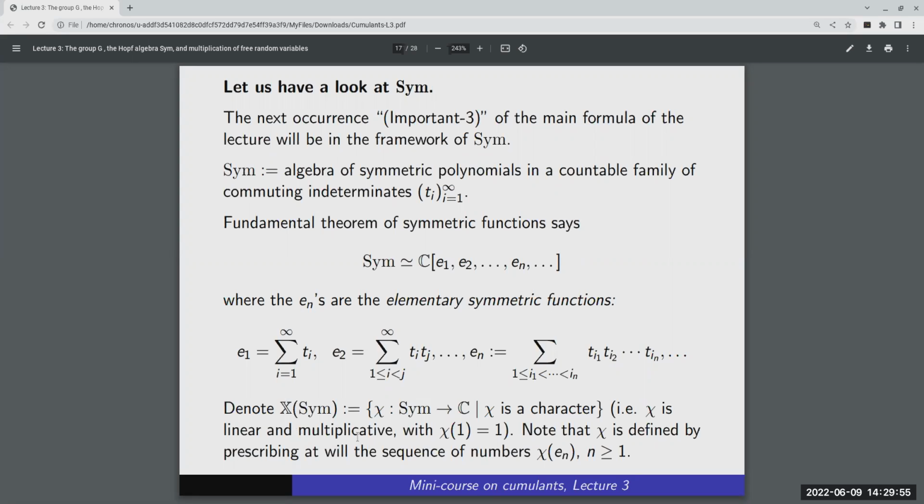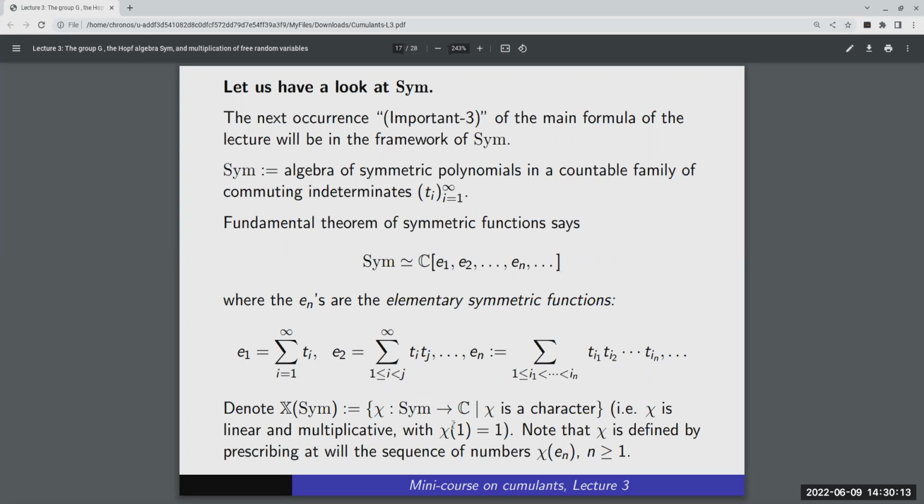X of SIM is the set of characters. This is an algebra, really an algebra of polynomials, as I just pointed out. The characters are the functions which are linear, multiplicative, and send one to one.